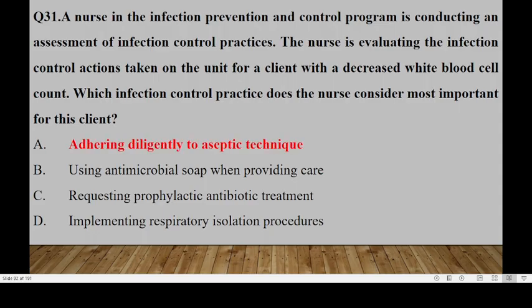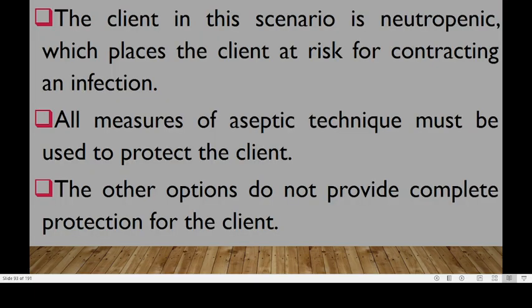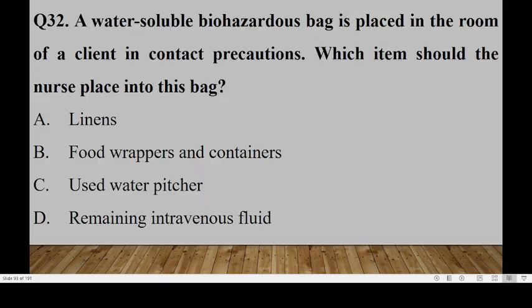You need to adhere diligently to aseptic technique. The client in this scenario is neutropenic, which places the client at risk for contracting an infection. So all measures of aseptic technique must be used to protect the client. The other options do not provide complete protection for the client.